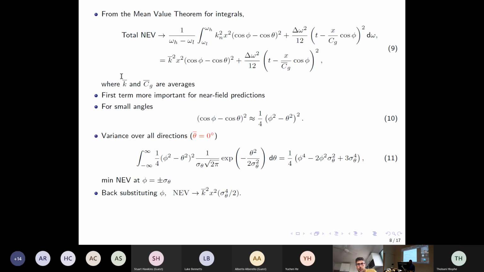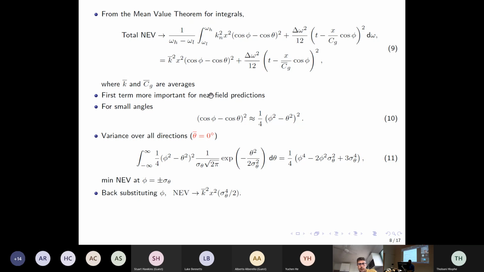As I said, we are interested in predictions close to the measurement point. So we are going to focus on the first term, which has cosine phi and cosine theta. So we Taylor expand that in phi and in theta, and then we just get this phi squared minus theta squared in brackets.